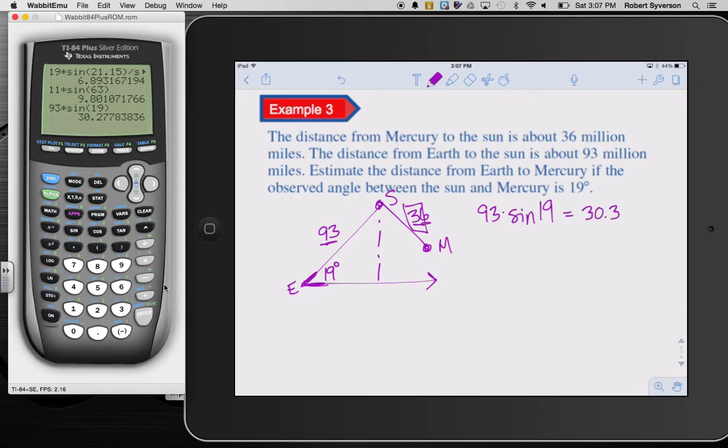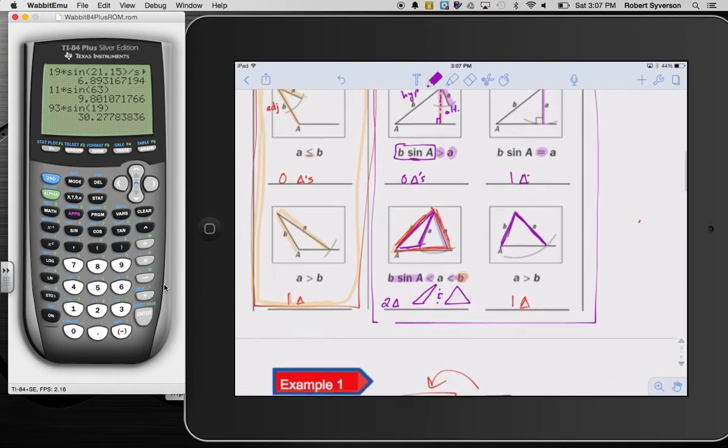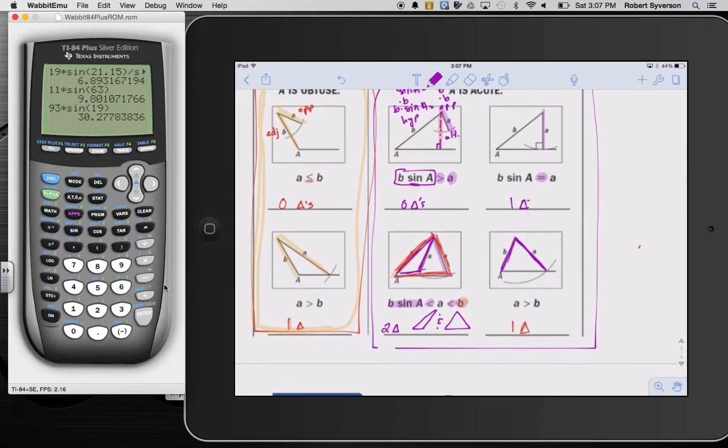Okay, so the opposite side of 36 again is bigger than the altitude of 30.3. So if I look back here, the opposite side is bigger than the altitude, which is this case. It is less than the adjacent side, but bigger than that altitude, so it actually forms two triangles.